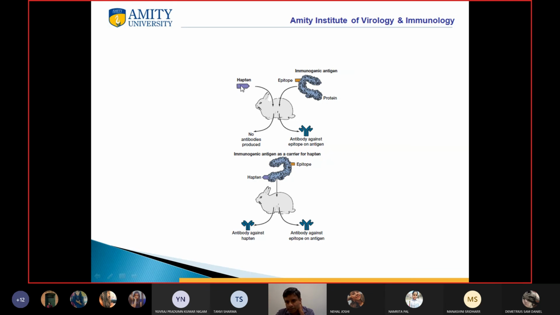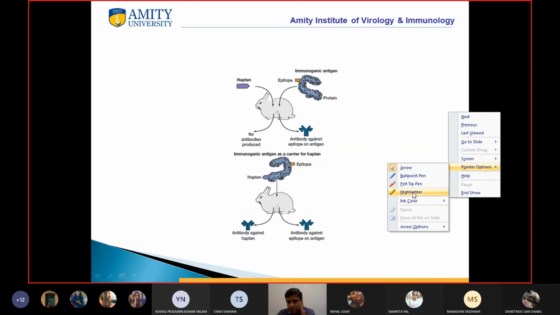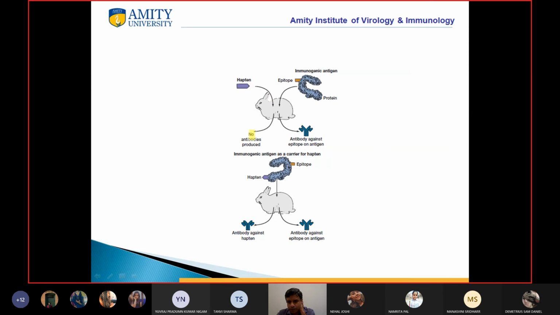Just to make you understand this again: when a hapten is injected in a rabbit, you do not find any antibodies against the hapten. Now in another case, you put in the carrier protein. When you inject this, you find antibodies against the carrier protein, but not against the hapten.